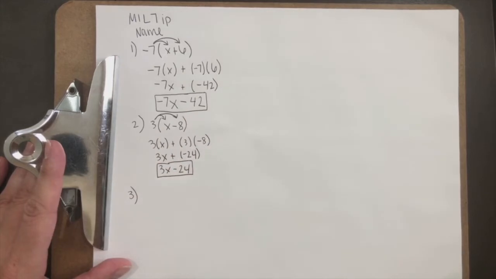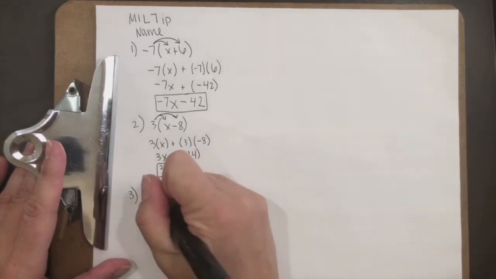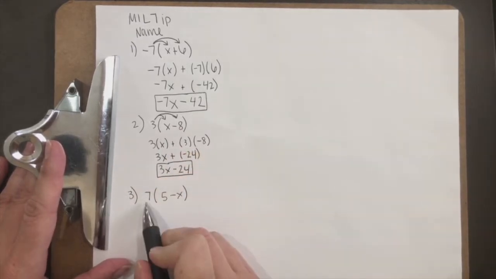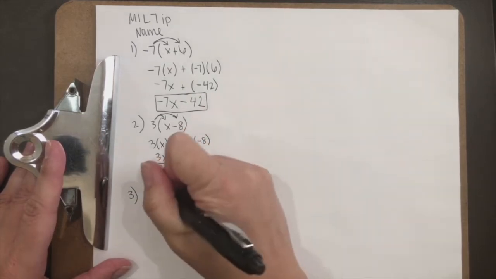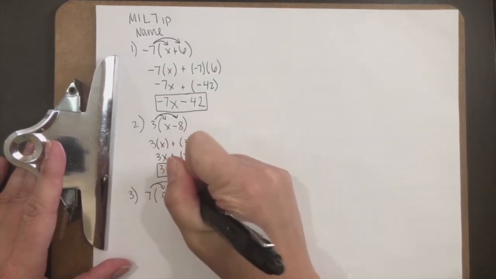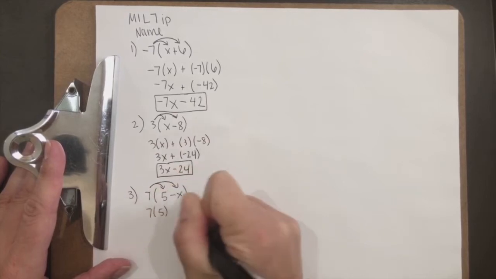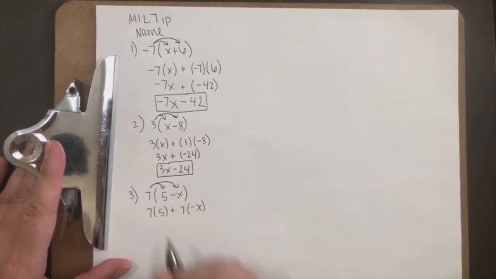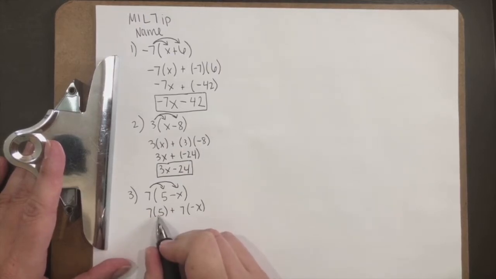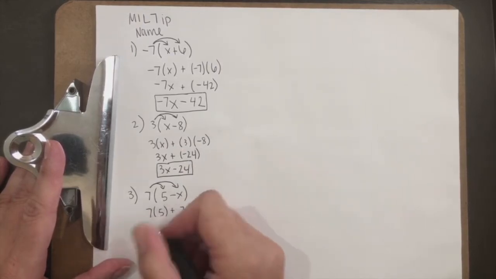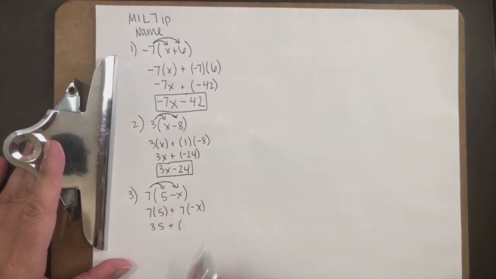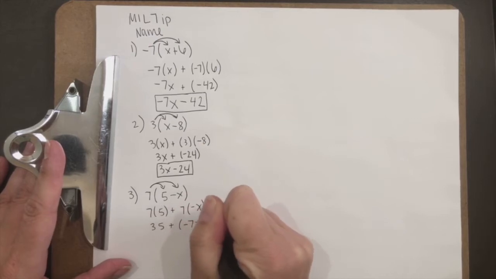Number 3, rewrite using the distributive property. 7, parentheses, 5 minus x, or 7 sets of 5 minus x. We'll distribute 7 times 5 plus 7 times -x. 7 times 5 is 35 plus 7 times -x is -7x.